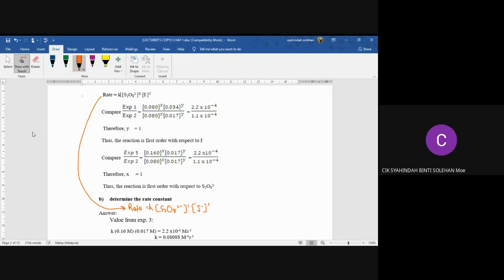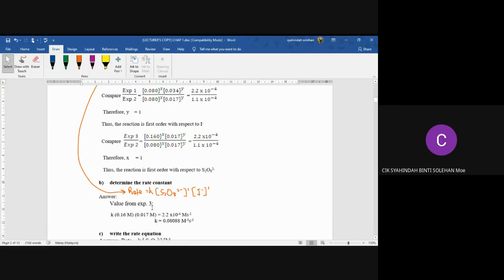Okay, and then next, once you know x and y, you just substitute experiment 3, or experiment 2 or experiment 1, any experiment's data, so that you can find k.